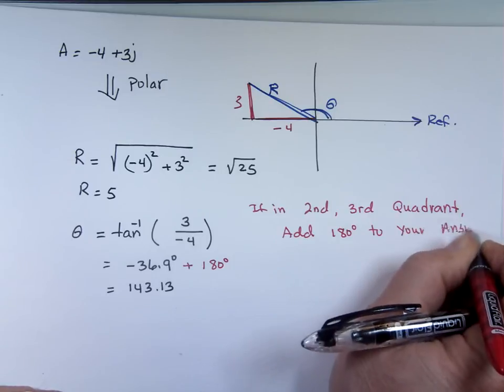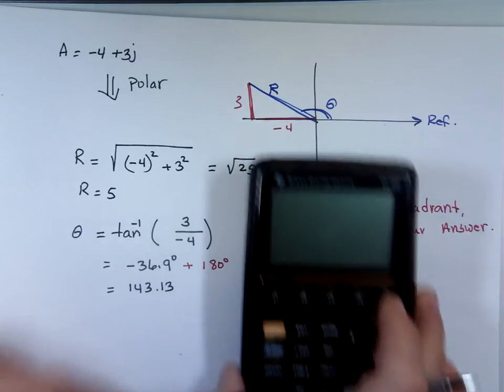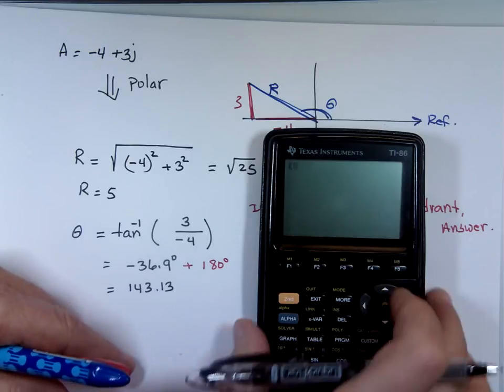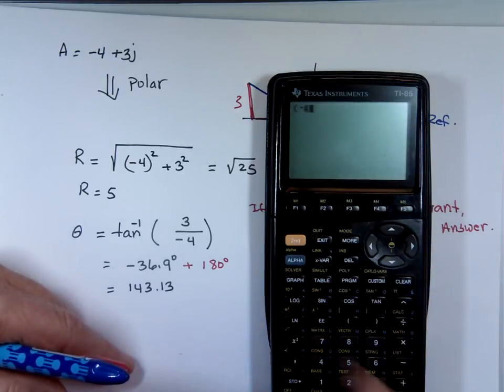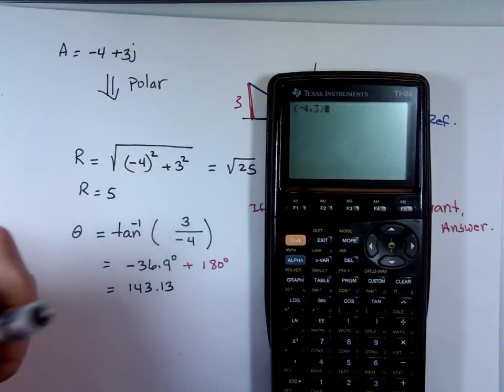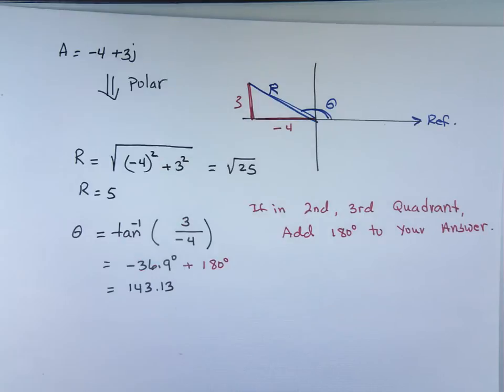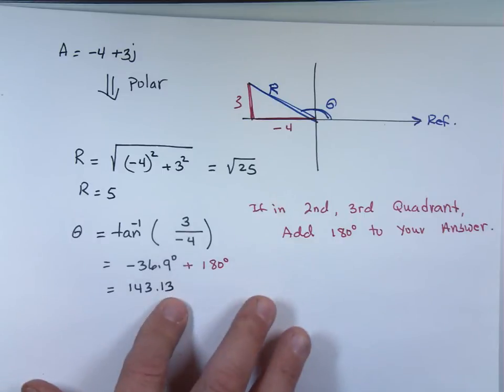If you are using the built-in function, the machine knows what that is and will give you the correct answer. Watch, I'm using my built-in function. Can you tell me, convert -4, 3 to polar? I'm going to use the built-in function. It will give me the correct answer. 5 angle 143.13. But if you're not using the built-in function, you're just doing it yourself like this on your calculator, then you have to add that 180 degrees.